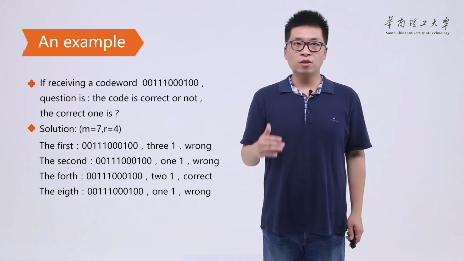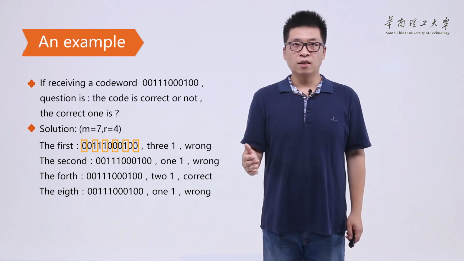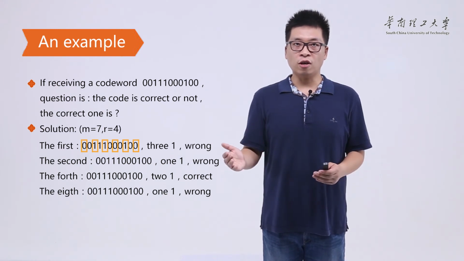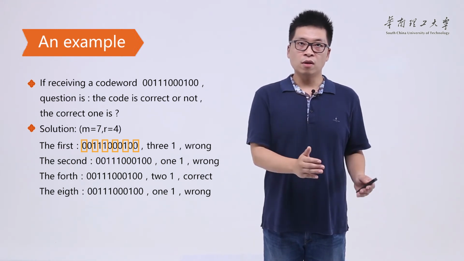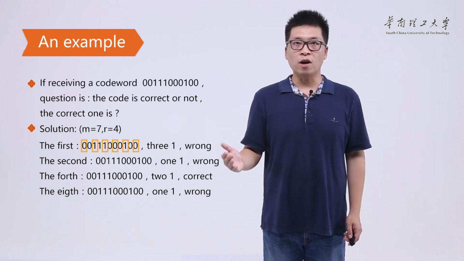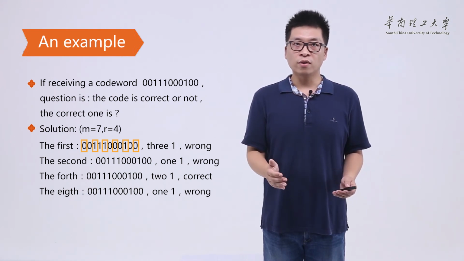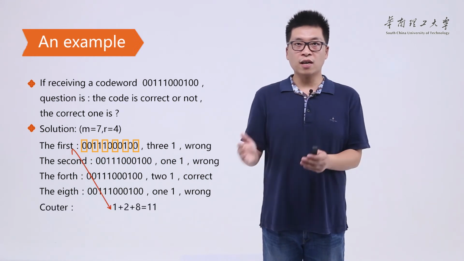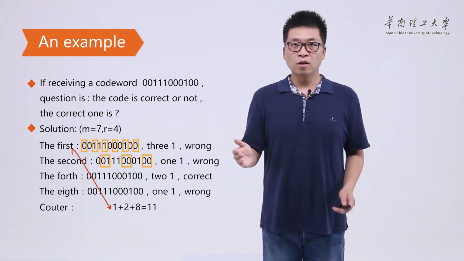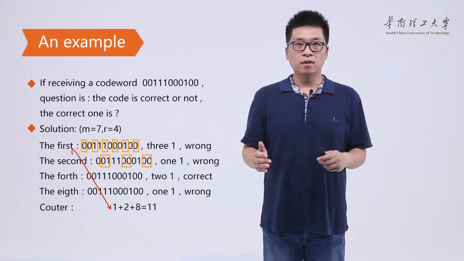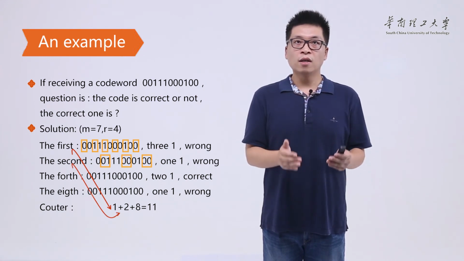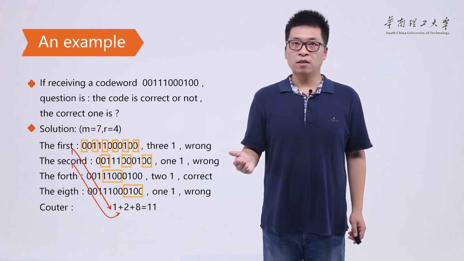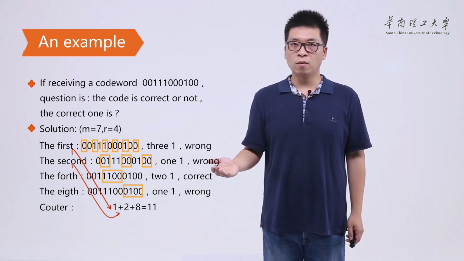We go through these 4 bits. For bit 1, because we use even parity, we count 3 ones, which means it is wrong, so we add the value 1 to the counter. For the second check bit, again we only have one 1, so we add 2 to the counter. The fourth one is correct: with even parity, we have two 1s.